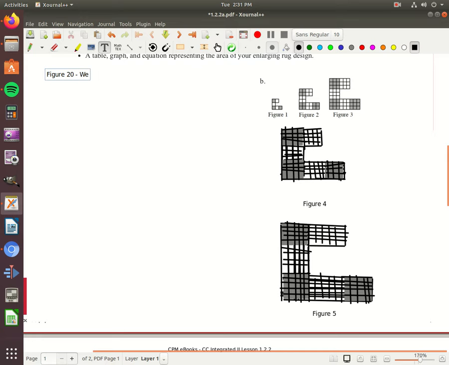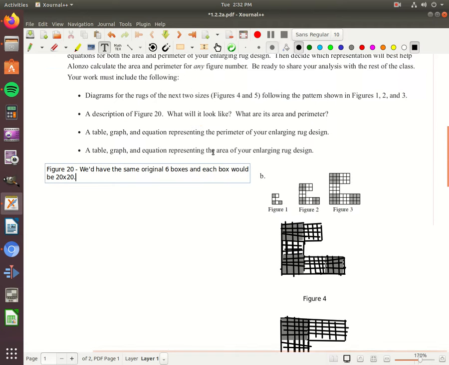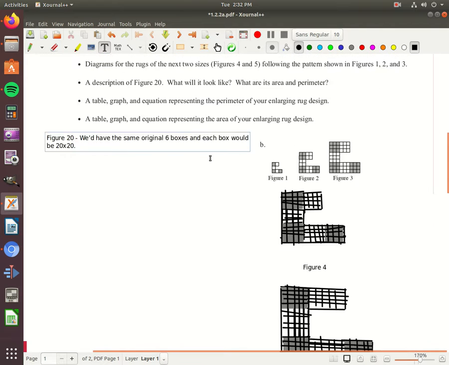We'd have the same original 6 boxes, and each box would be 20 by 20. And I think that's a pretty decent description, right? We have these original 6 boxes, but in each original box would be a 20 by 20 inside instead of what it is already. All right, what are the area and the perimeter?